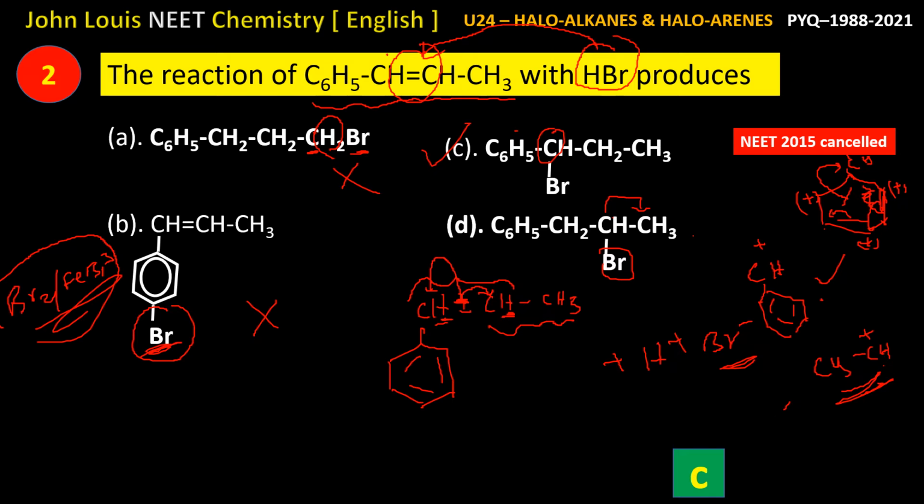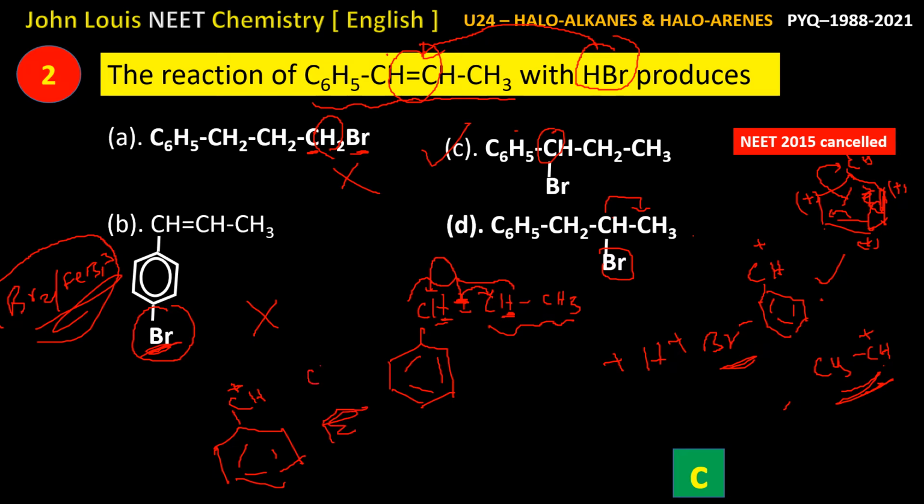Options C and D are possible, but out of these two, see, you need to understand here, the benzyl cation is what? This bond breaks here and this benzyl cation is formed. That is, the two electrons in the pi bond go to the other side. Therefore, benzyl cation is formed. Suppose the two electrons come to this one, what will happen here?